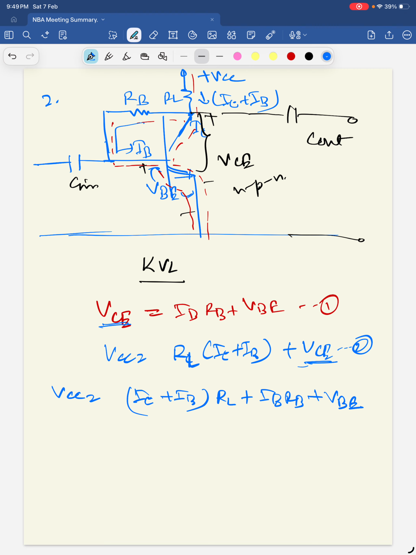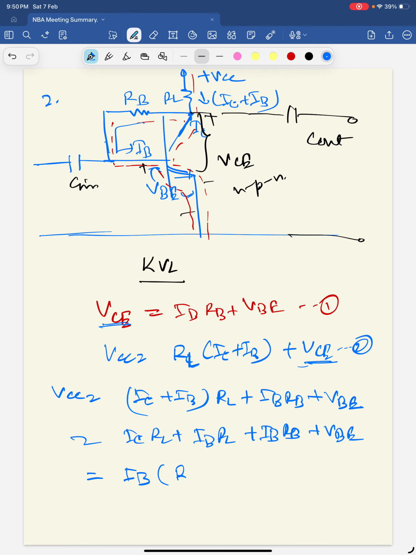Now from here we can find IB, because we have to find out IB. So IC RL plus IB RL plus IB RB plus VBE. Now take IB common: IB into RL plus RB, plus IC into RL plus VBE.